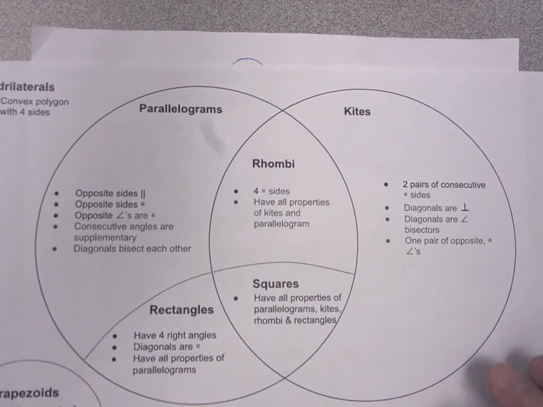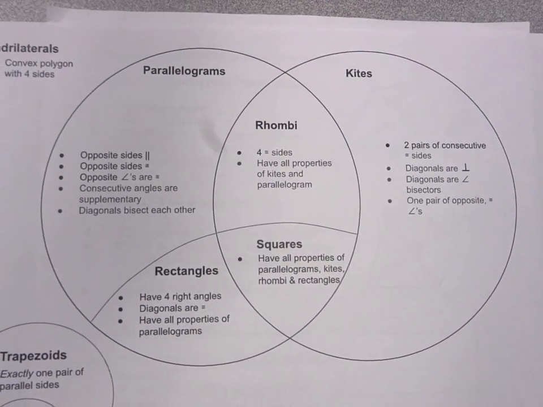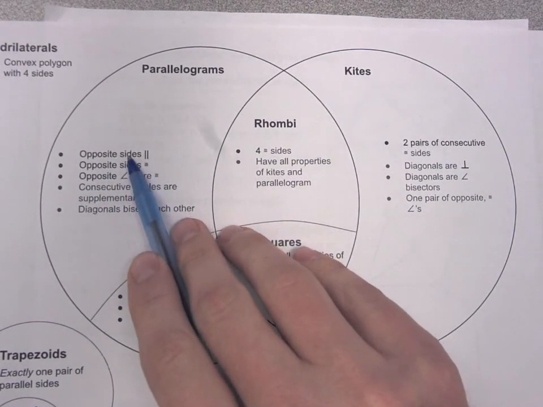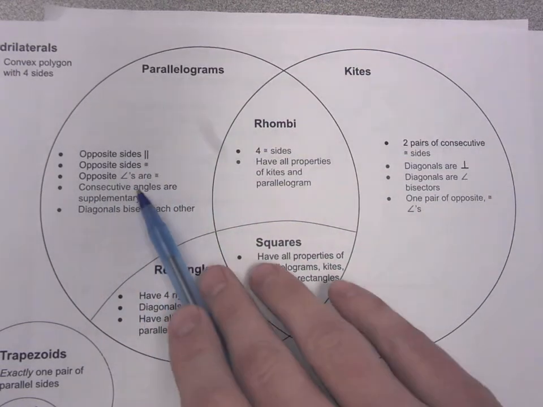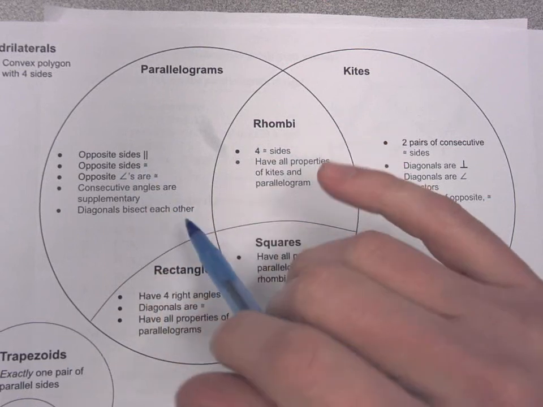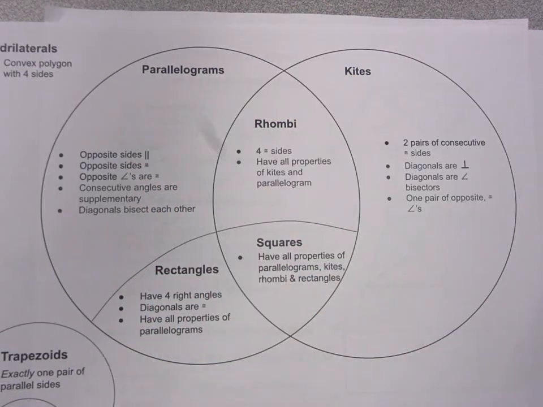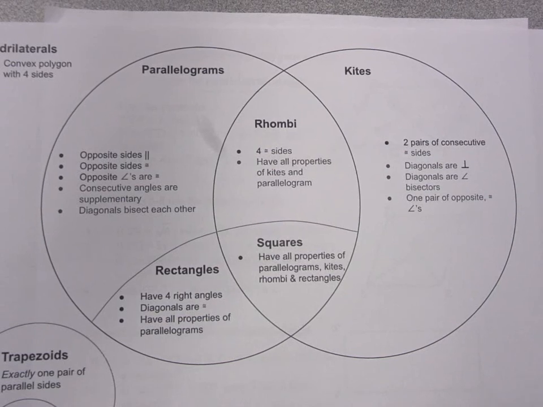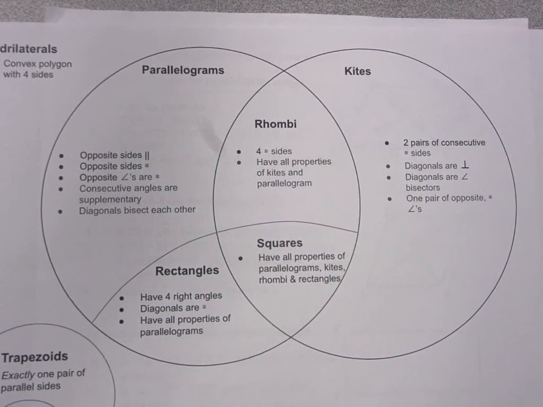So if you want to use some shorthand, you can do that. I have some shorthand here, some abbreviations. You just have to add a little bit of extra. So opposite sides, parallel. Now this we can totally tell is for parallelograms because it's in this circle, but if I was writing this out of context, I couldn't just say opposite sides are parallel. I have to say opposite sides of a parallelogram are parallel.